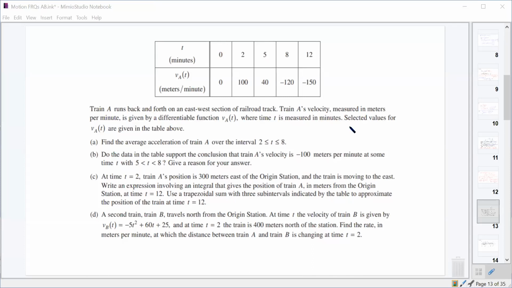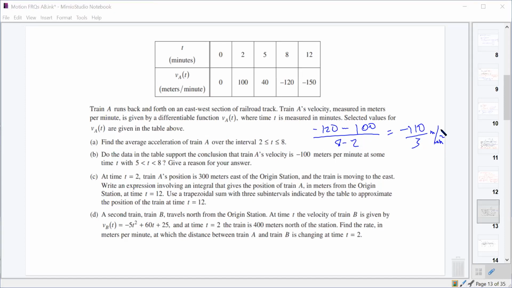That should give us negative 120 at 8 minus 100 at 2 over 8 minus 2, which should come out to be negative 220 over 6, so negative 110 over 3 meters per minute squared.